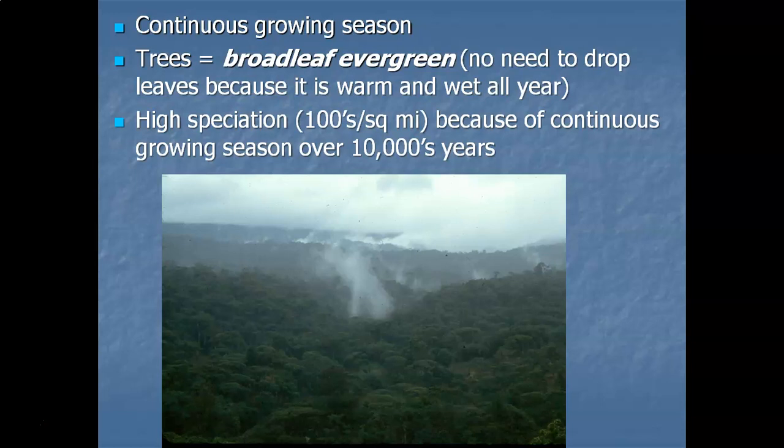And what we're going to see is there's going to be a correspondence between the length of the growing season and the speciation. Now, here in South Louisiana, we're not a tropical rainforest, we're a subtropical rainforest. And so we do have a period of dormancy during the winter months. And because we have a shorter growing season, we are not going to find hundreds of species per square mile.